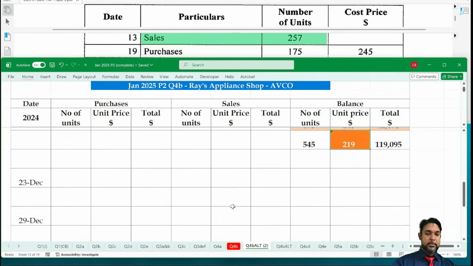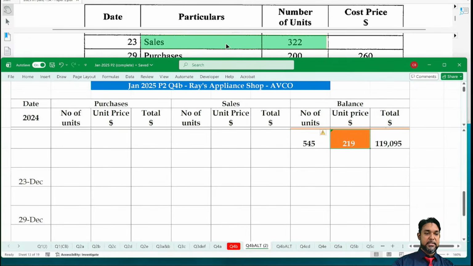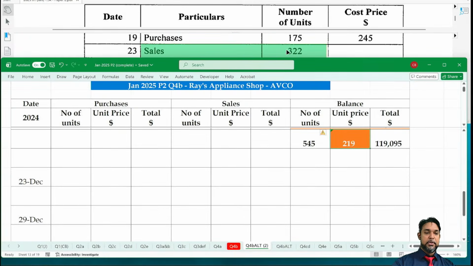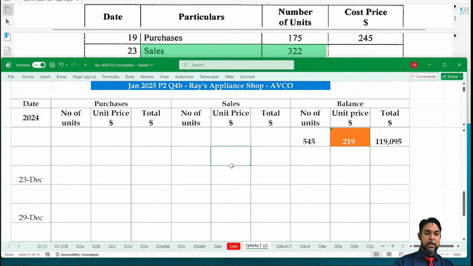Okay, hope that helps, Deisha and Enrique. Now, after that purchase, we have a next sale. We sold 322 units. So of course, you're going to go in the middle column. If you want a minute or so to put that in the middle column and get a figure, cool. Maybe a minute or so.